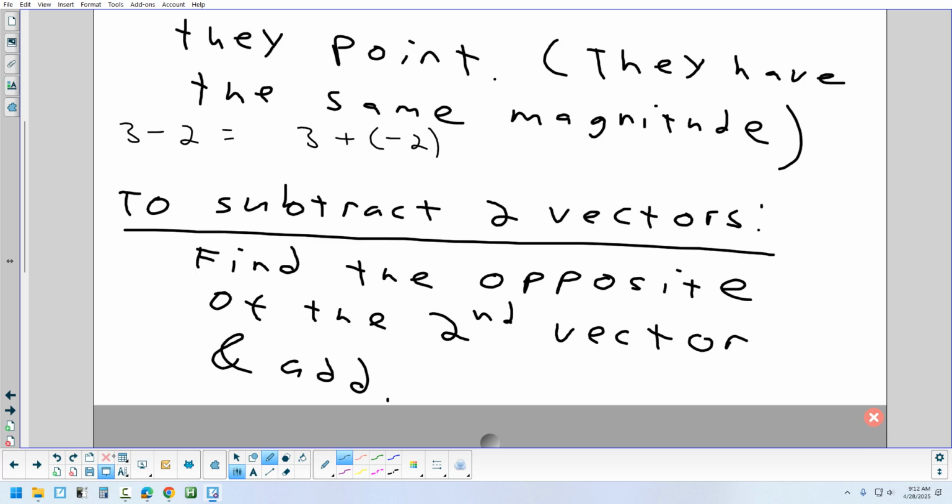So what does opposite mean when we're doing vectors? It means you've taken the vector and you flipped it around. That's the opposite. So other than just having to take something and flip it around first, subtracting two vectors is just as easy as adding. Find the opposite of the second one, and then add it.